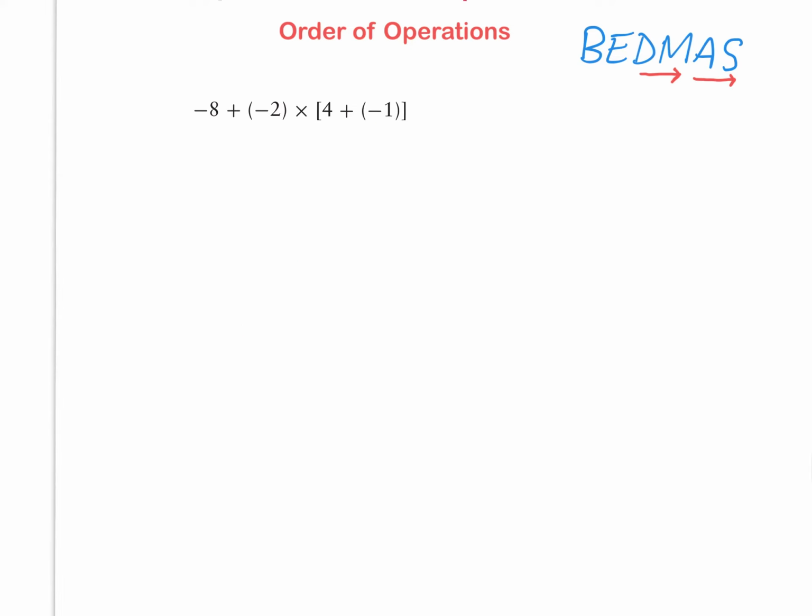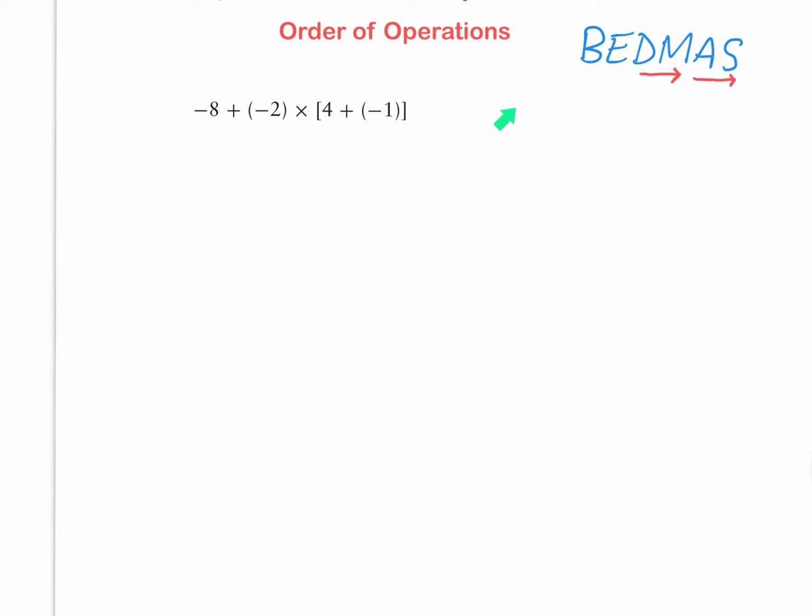Okay, the third one here, we've got negative 8 plus negative 2 times the square bracket of 4 plus negative 1. In this whole chapter, they use the regular brackets to separate the integers so you don't get confused. When you see these square brackets, you're going to treat those as secondary brackets, meaning they have to come first.